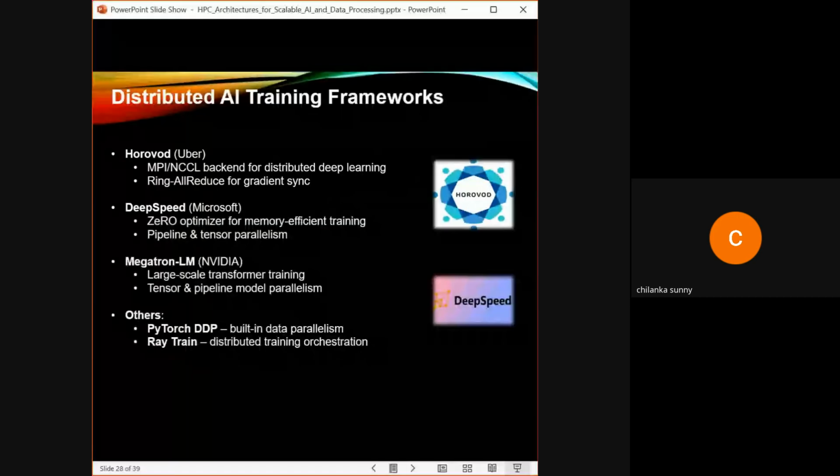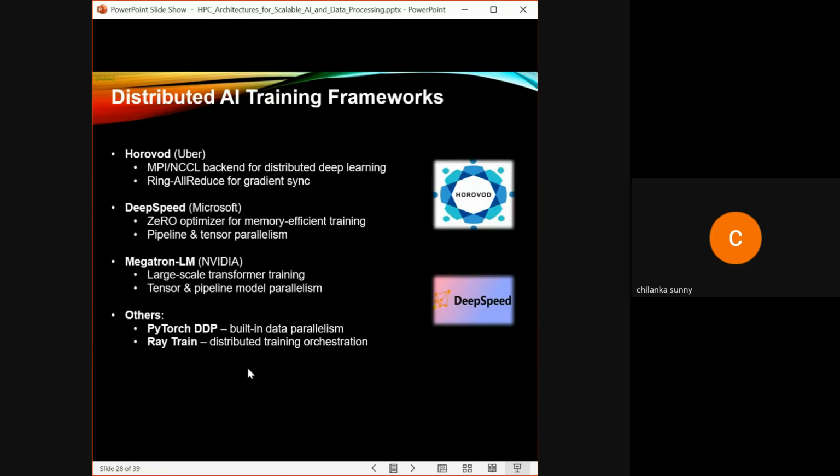And next is DeepSpeed from Microsoft, which introduced the ZeRO optimizer to reduce memory usage and supports both pipeline and tensor parallelism. Another is Megatron-LM from NVIDIA that focuses on large-scale transformer training, combining tensor and pipeline parallelism for massive models.